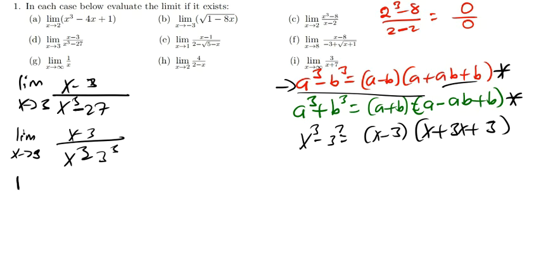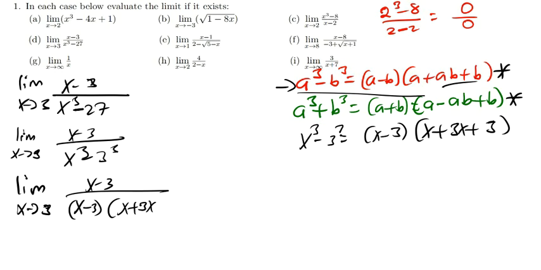Now what I'm going to do is x minus 3 over x minus 3 times the remaining factor. The x minus 3 and x minus 3 can go. If I plug in directly, as I said already, it's going to be 0 over 0, which is undefined.